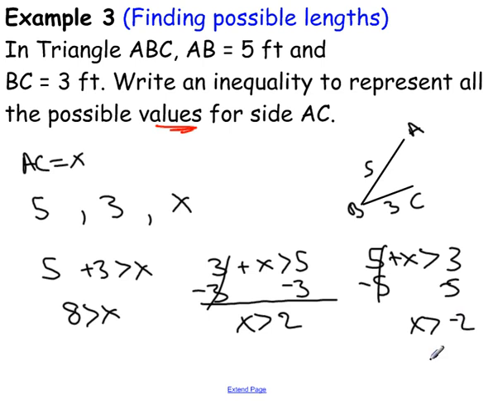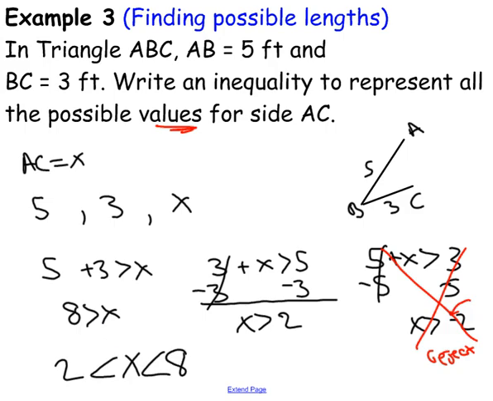And we're just going to reject this because of the negative here. So this gets rejected. We don't pay attention to it. So what I know from here is that X has to be greater than 2, but it has to be less than 8. And that's my final answer.